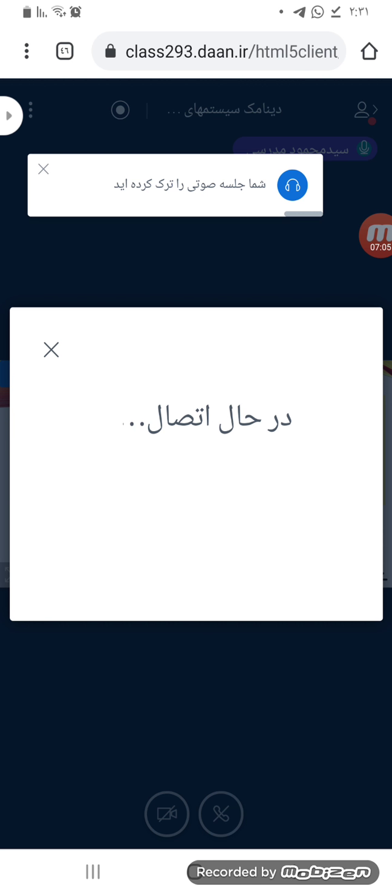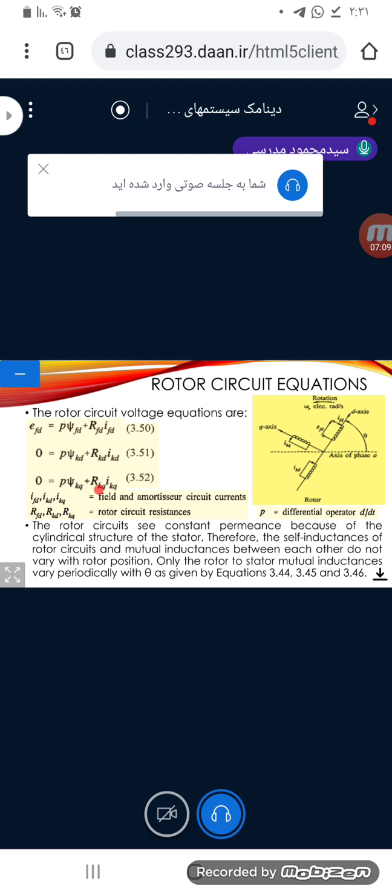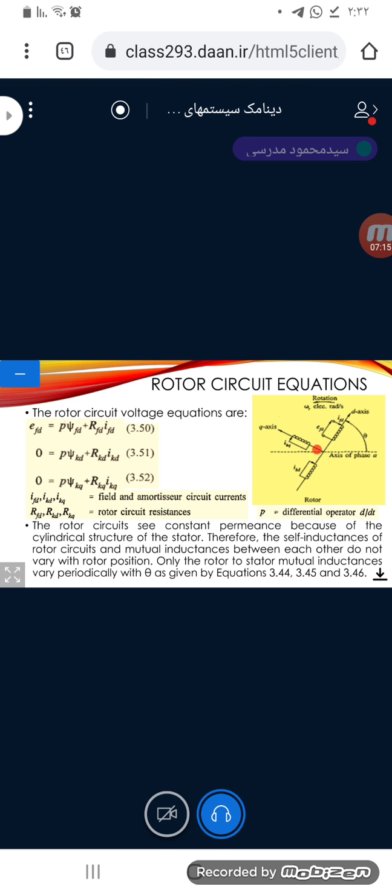This is in the D axis, and this is for the Q axis. The Q axis is 90 degrees ahead of the D axis.